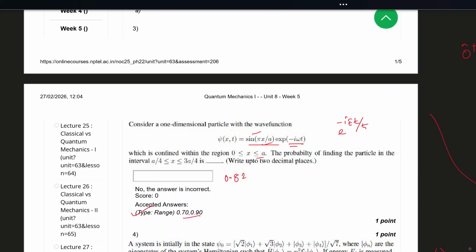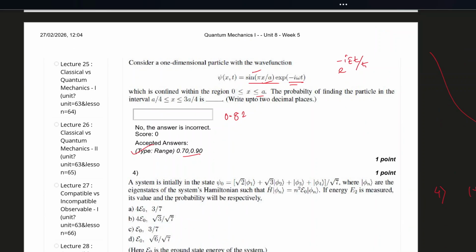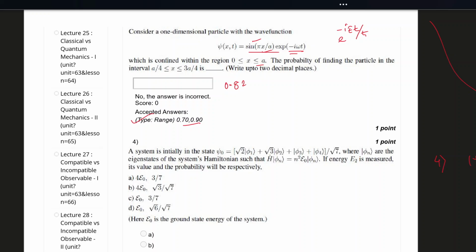So our state is initially given by psi naught, which is a linear combination of all these four basis states, divided by root over 7. They are the eigenstates of the Hamiltonian, which means that H cap acting on phi n gives n squared epsilon naught phi n.